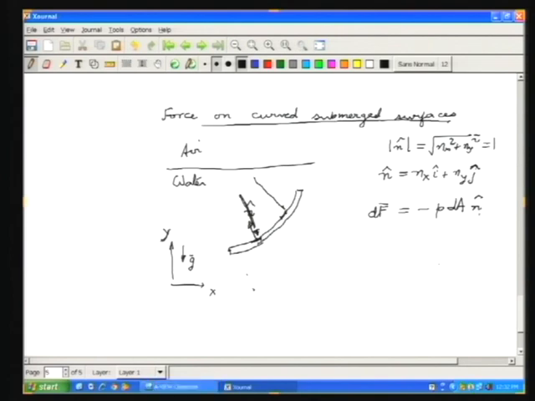So, this n is no longer a constant, but if you want to find f, you can simply write the vector f as integral of df, which I can write as minus integral of P dA n.